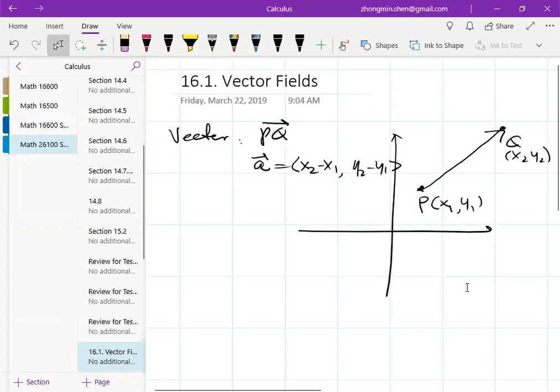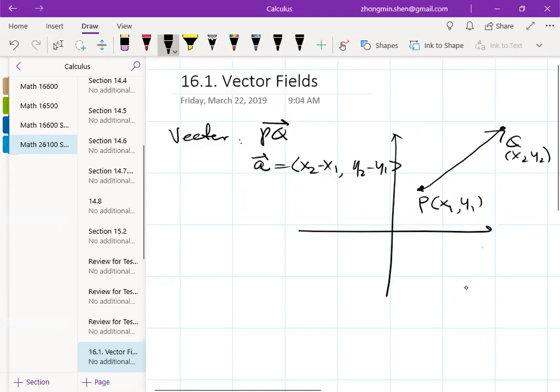So this notation means a vector. If you really want to draw it, you have to draw a family of them, because if you move this vector around in the space parallelly, the difference will not change. x2 minus x1, y2 minus y1 will be the same.